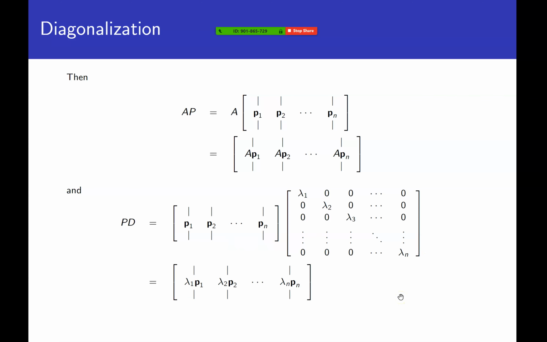So you end up with this matrix when I do P times D. Now match up the columns. I have AP1 equals lambda 1 P1, AP2 equals lambda 2 P2, and so on down the line. So if I want these things to be equal, then I need APi to be lambda i Pi for all of the i's.